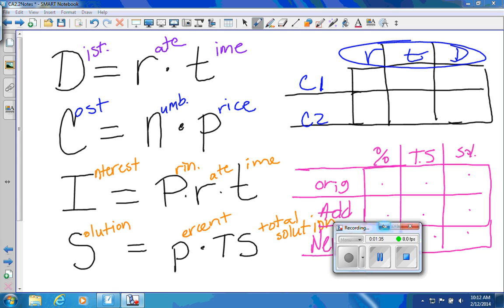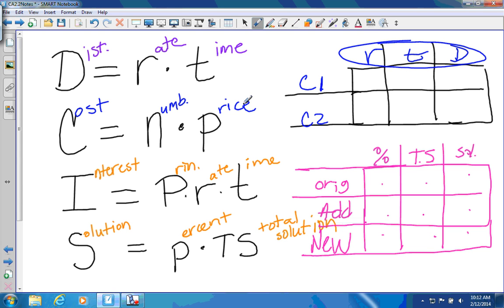Then, using these formulas, sometimes it's very helpful to put the stuff into the form of a table so you can get it organized and make it easier for yourself to write the equations. Sometimes maybe your table only consists of two different things, like car 1 and car 2 going somewhere, so you'd have rate, time, and distance over the top.